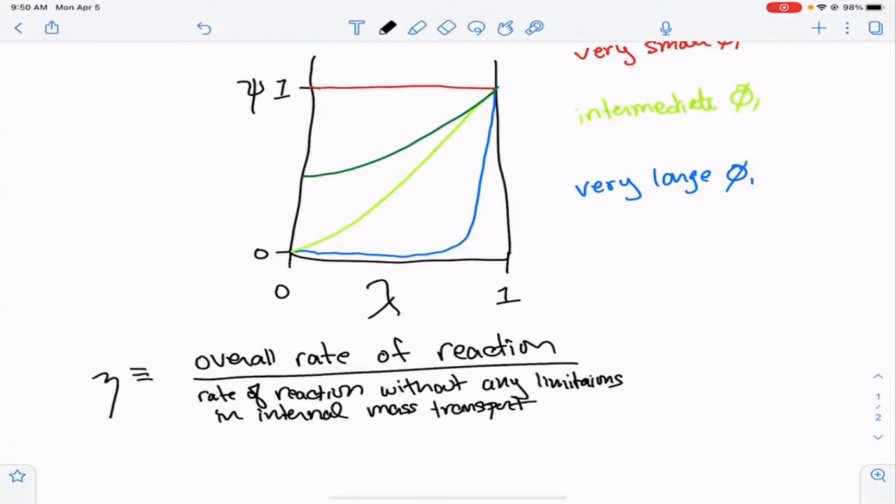Or, relating it to the plot above, usually we would have a pretty small Thiele modulus. Another way to think about that is that the concentration inside the particle everywhere is just equal to the surface concentration. And this thing is just called the effectiveness factor.